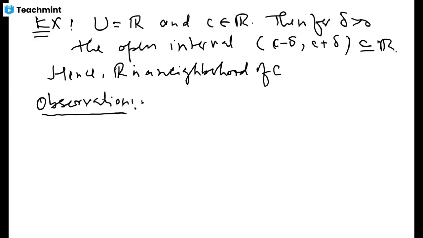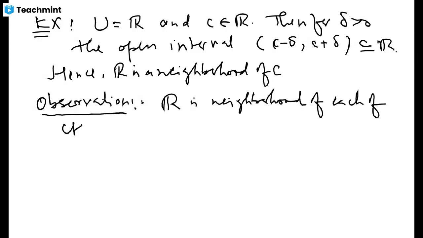It implies that R is a neighborhood of each of its points. There are some other sets also, but not every set has this kind of property, and the sets which have this kind of property will be given a special name. They will be known as open sets. But before that, let's observe some other things.